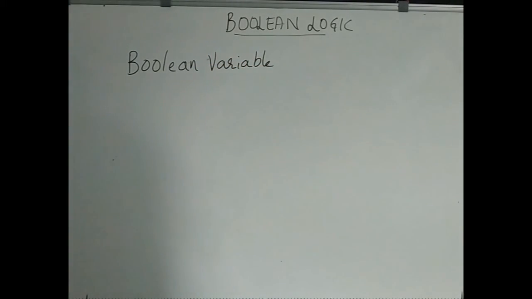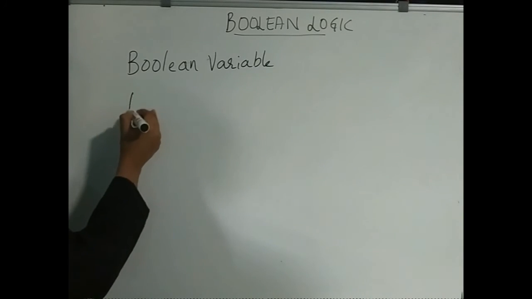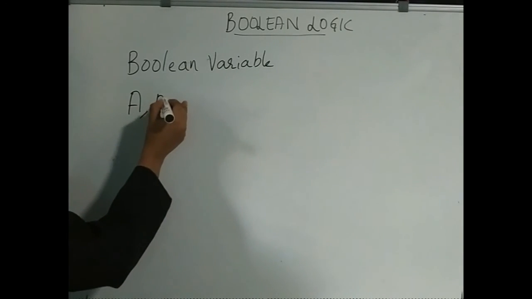A Boolean variable is also known as a binary variable or logical variable. It can take its values from Boolean algebra. That is, a Boolean variable can take only one binary valued quantity out of the two possible values, that is, yes or no. For example, A, B, etc.